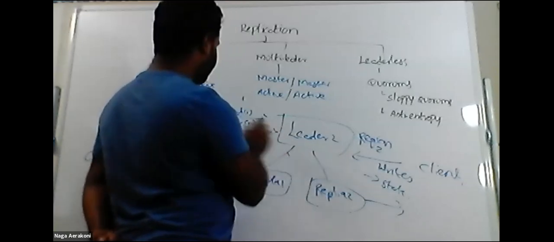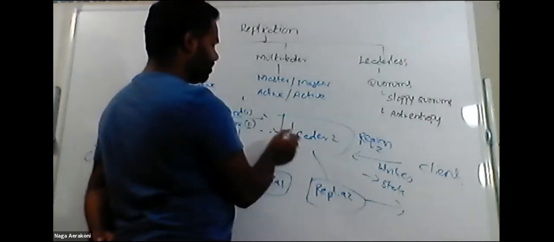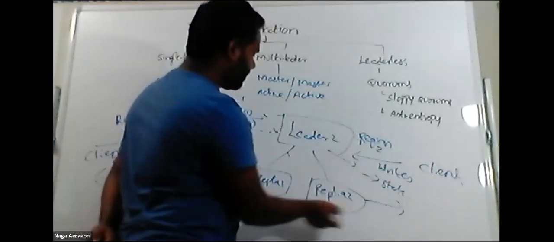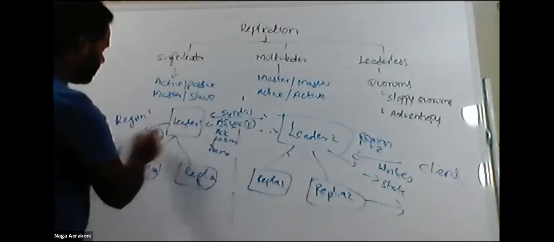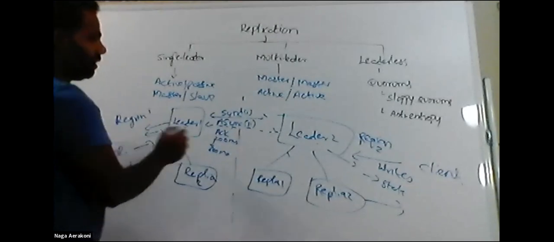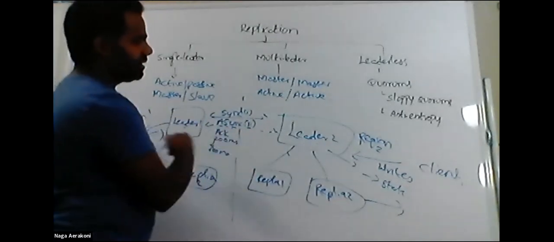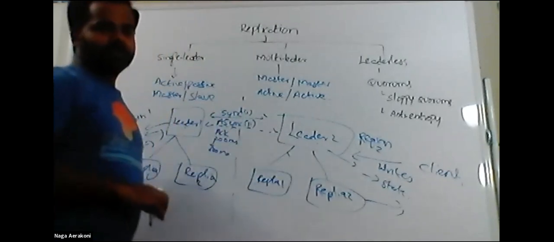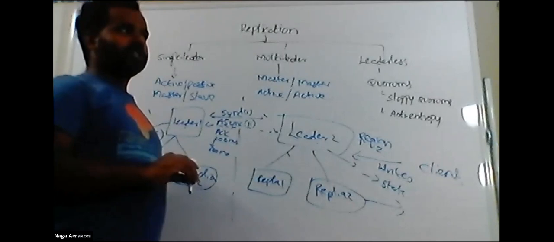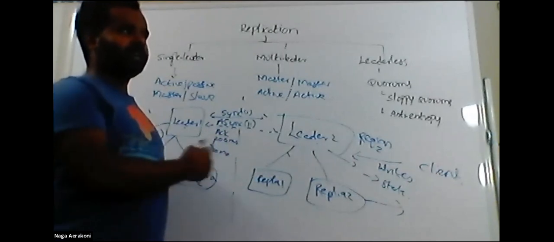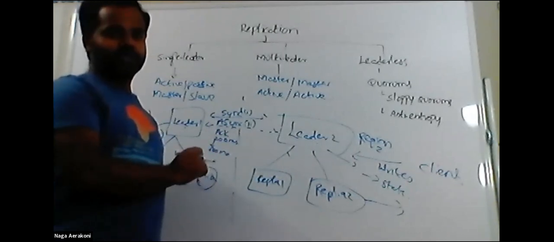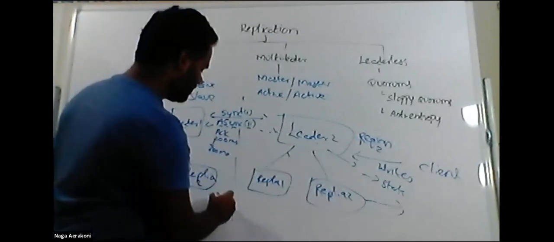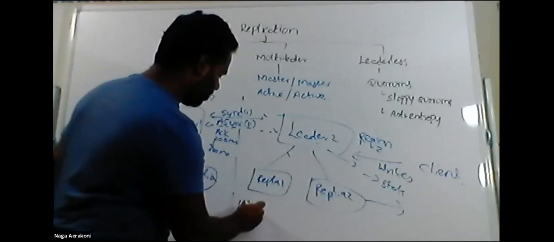Let's say they both choose async, so they don't wait for the other leader to acknowledge. This leader says your write is successful, and this leader also says your write is successful. But when they send each other the updates, they realize that this update is actually meant for the same record. So both have successfully acknowledged the writes, and we need to deal with these write conflicts.